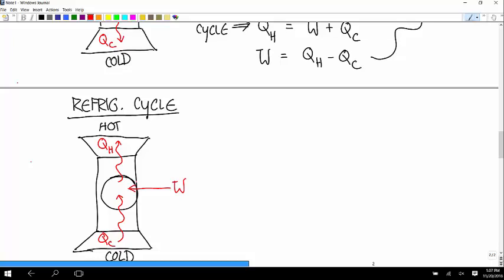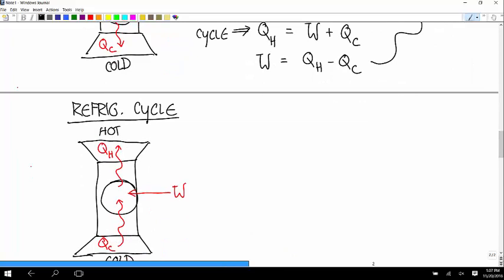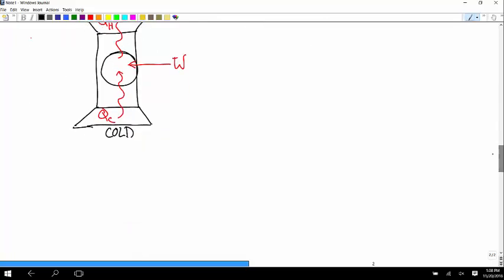That's how it works. So in this case, we don't talk about it as efficiency because in this case, you can get a value higher than 1. We talk about it as the coefficient of performance, but it's the same idea.